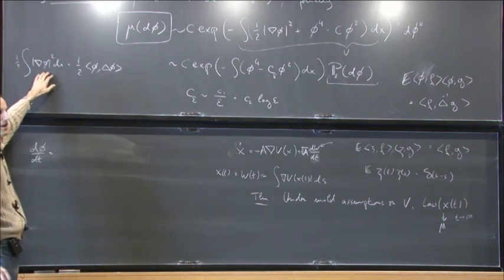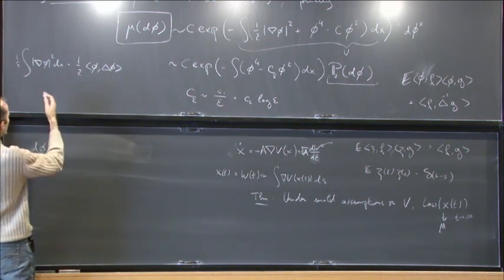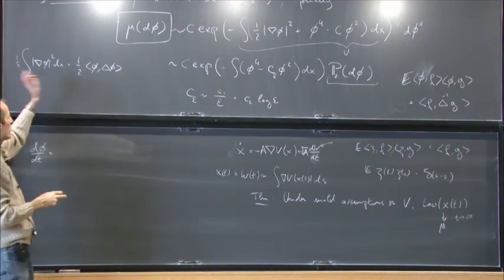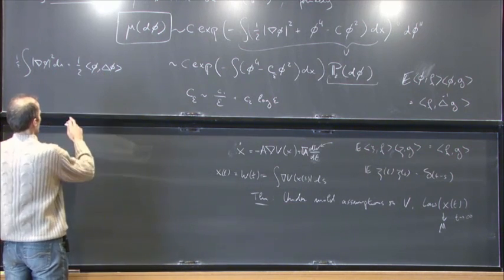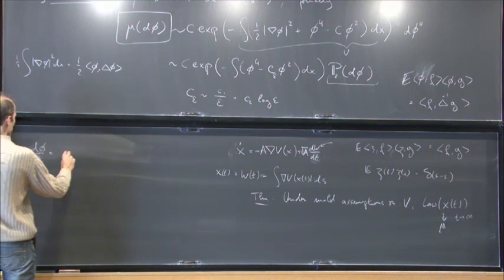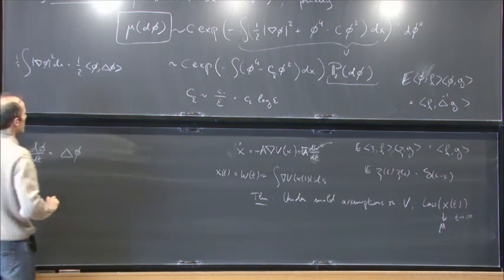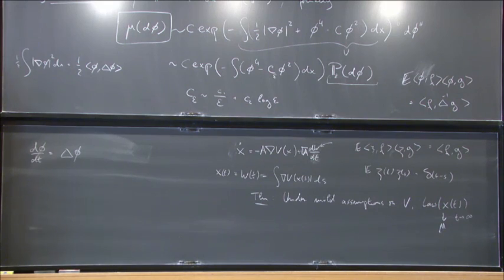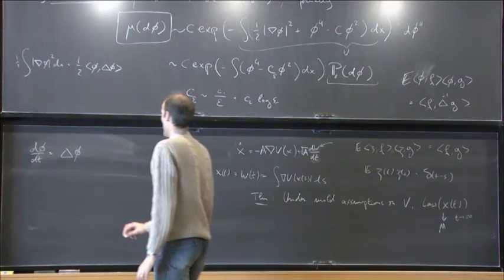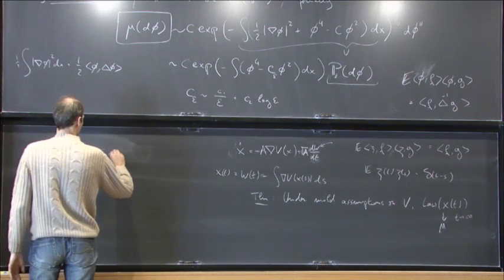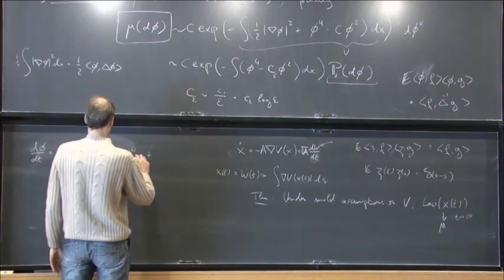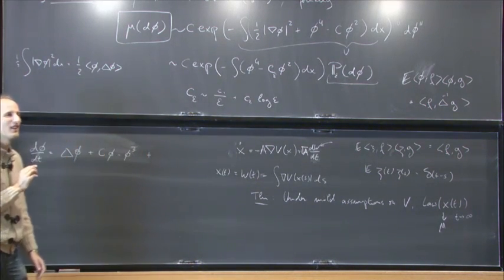Okay, if I differentiate the gradient phi square in some direction h, say, I get the scalar product between gradient phi, gradient h, and then I throw half of the gradient on the other side. I essentially get a scalar product between h and the Laplacian of phi. And so the functional derivative here would be Laplacian of phi. Okay. And then for these two terms here, you get as a functional derivative constant times phi minus phi to the 4. Oh, sorry, phi cubed. Yes. Thanks.